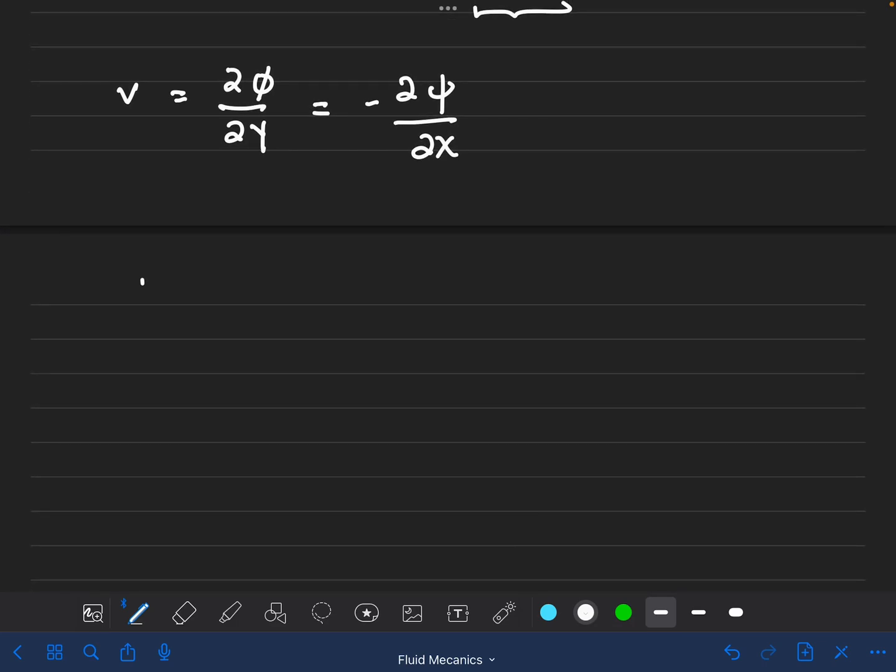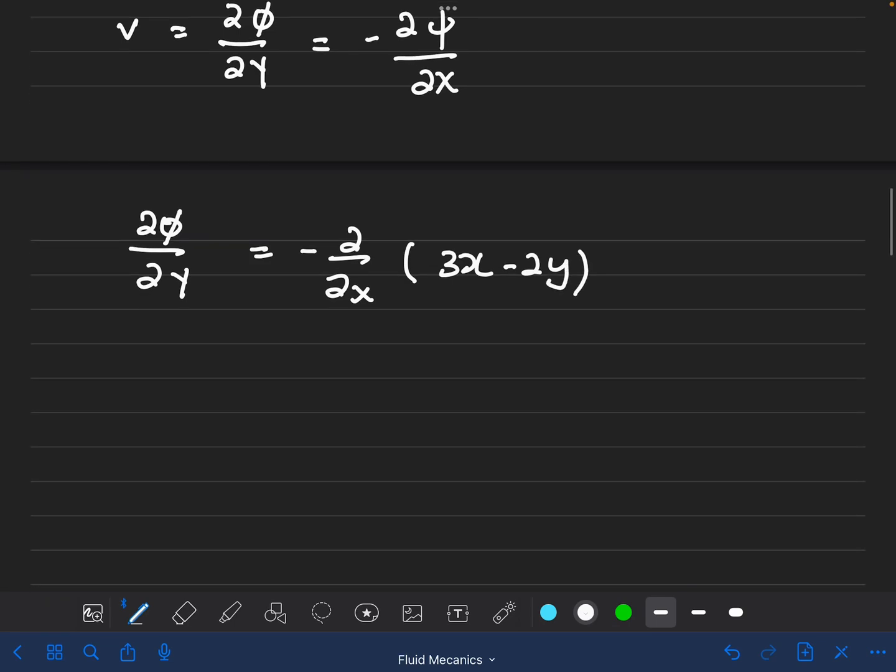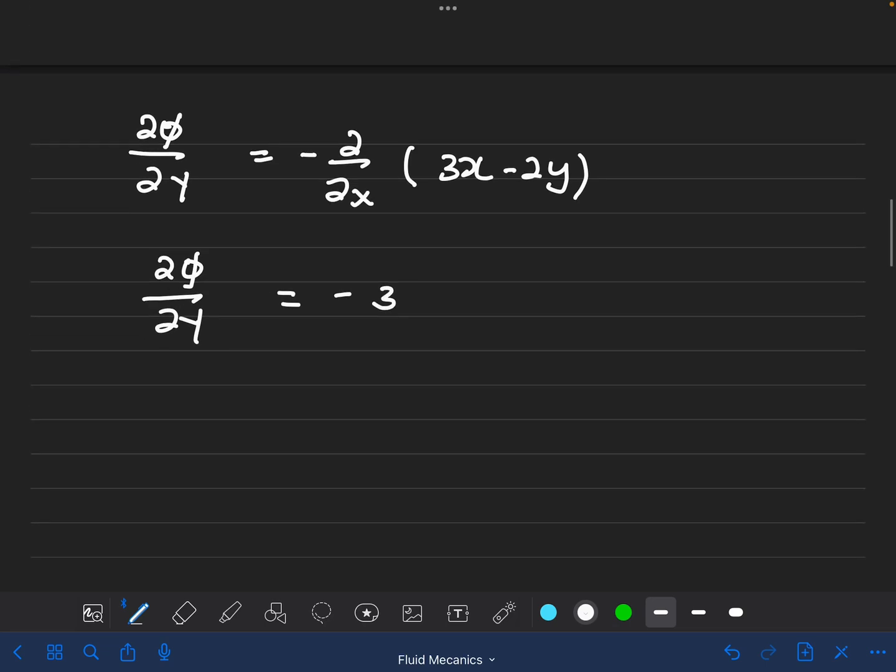So the partial derivative of the velocity potential in terms of y equals minus the partial derivative in terms of x of the stream function, which is 3x minus 2y. Okay, so on the left hand side we've got this, and on the right hand side it's minus. If we differentiate this in terms of x, we're going to get 3 over here.